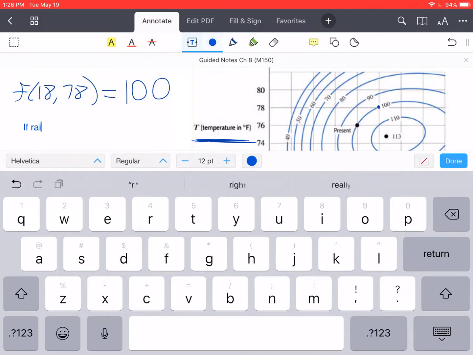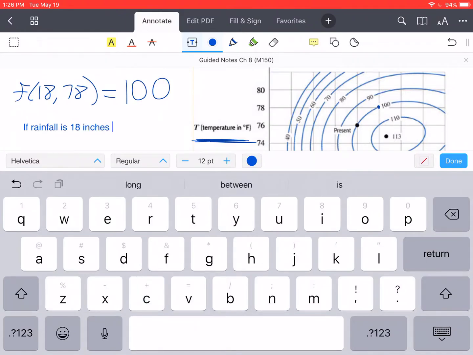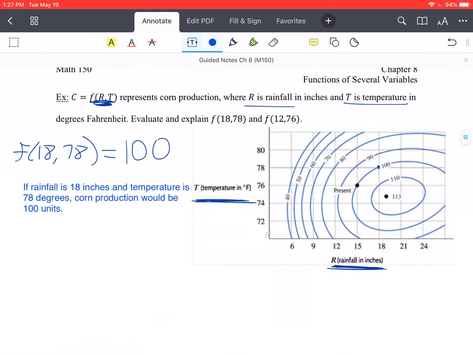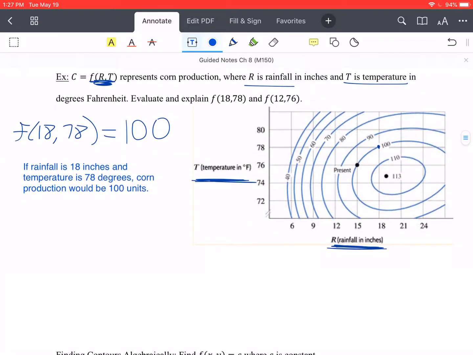So if rainfall is 18 inches and temperature is 78 degrees, corn production would be 100 units, in whatever the units are of corn production. That is what we get for that function.